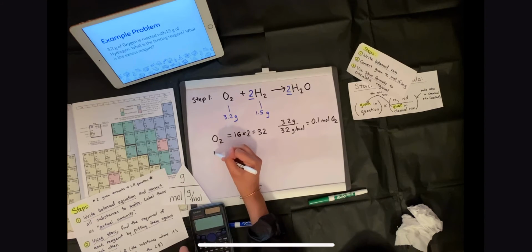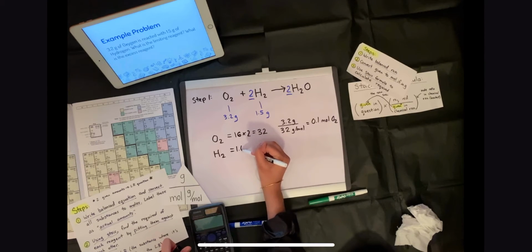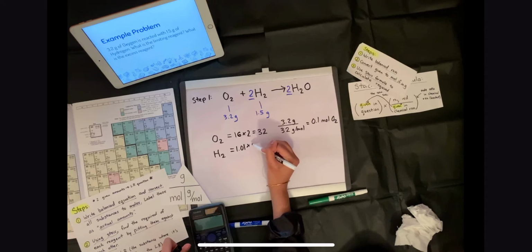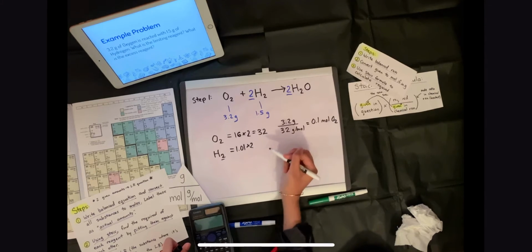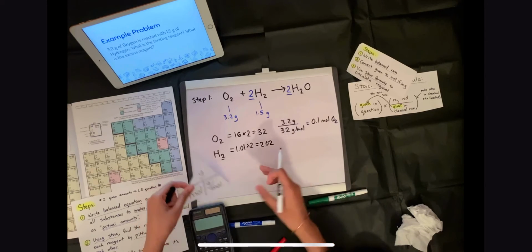Now for hydrogen. For hydrogen, the atomic mass is 1.01 times 2 again because of this 2 right here, which equals 2.02. Same thing, use the triangle.